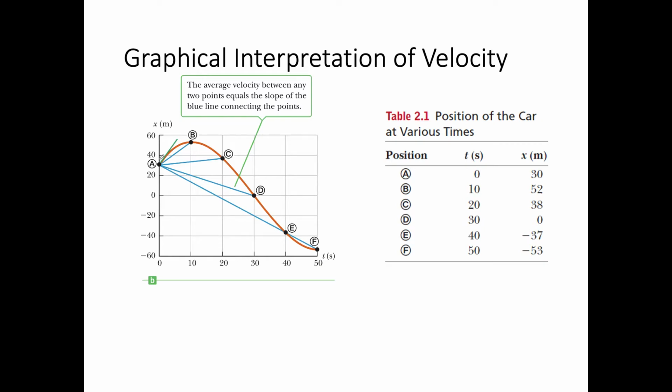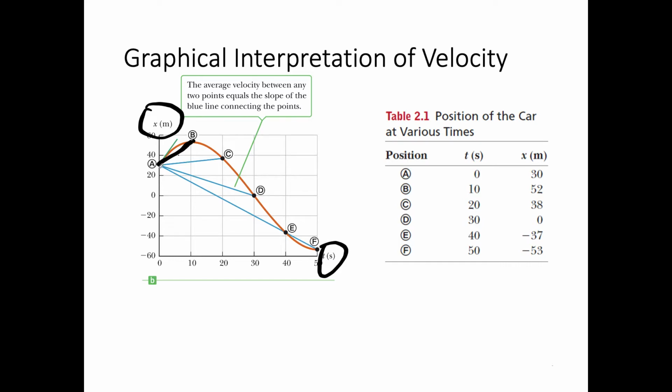So for the average velocity between A and B, we just need to connect A and B and find the slope of the line joining A and B on a position versus time graph.